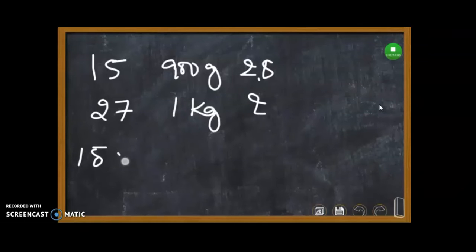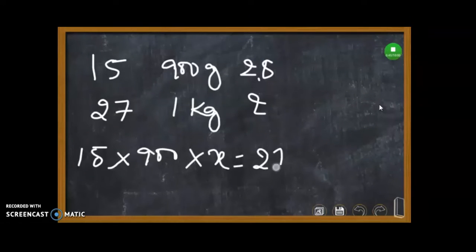15 into 900 into x is equal to 27 into 1000, because we are converting 1 kg to 1000 grams here.